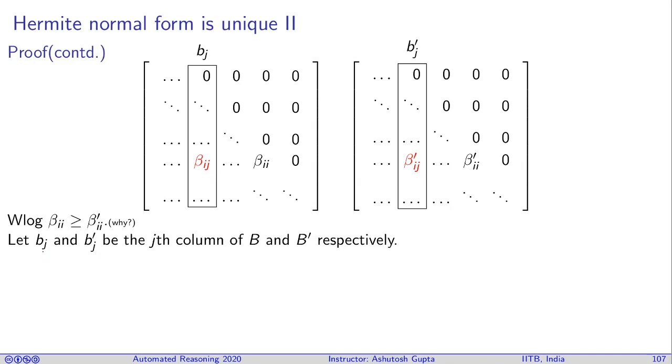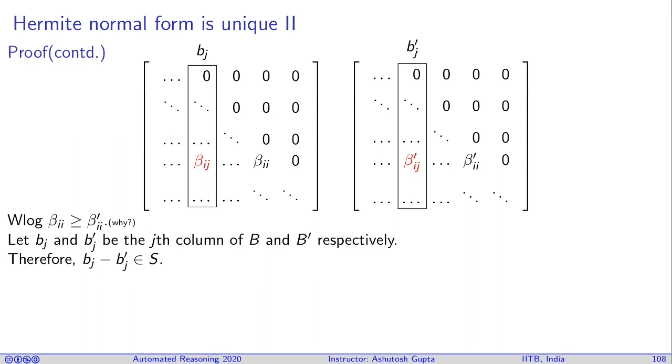Now look at Bj and B prime j, these two column vectors. They are sitting on the same lattice, so all their integral linear combinations should also be elements of that lattice. If we subtract them, we again get something on the lattice.